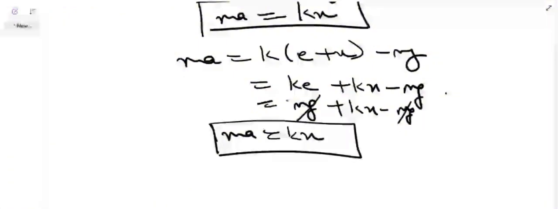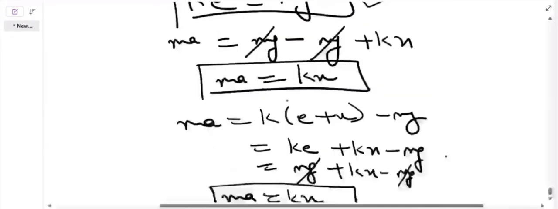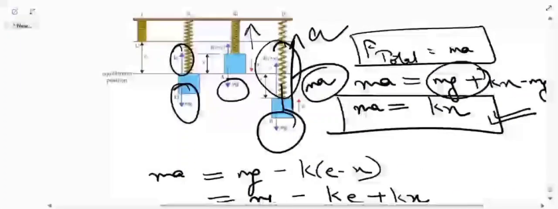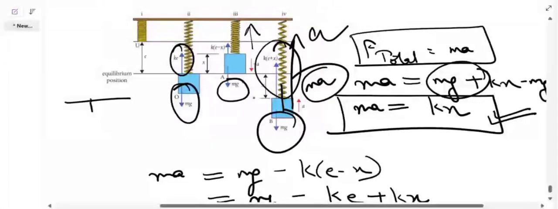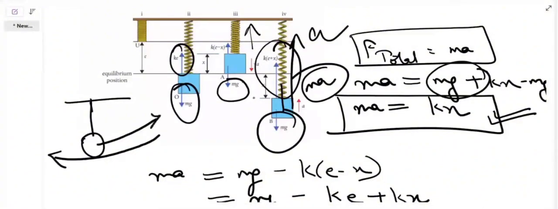Yes, ma'am. Okay, so when the displacement is down, your acceleration will always be up. When the displacement is up, your acceleration will always be down, because it is performing SHM due to elasticity, like a pendulum. When I stretch it here, the acceleration will be seen in this side. Any doubts?